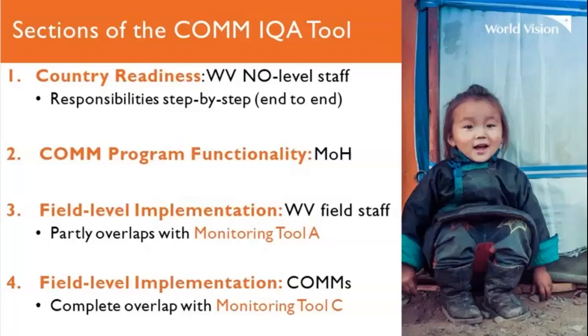So has MOH conceived of these programs in such a way that the committees have supervision, support? Is there some type of incentive system set up for these communities? Not usually financial in the case of comms, but some type of incentive, okay.